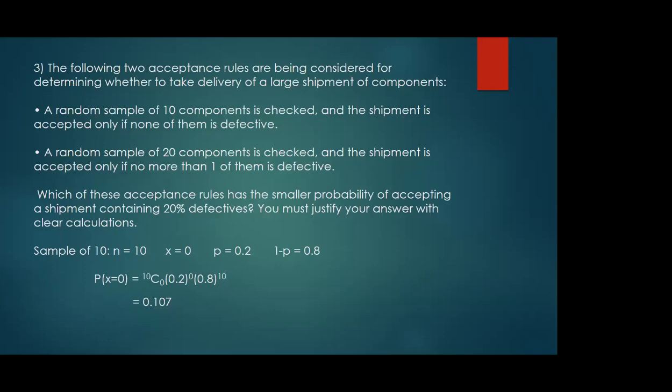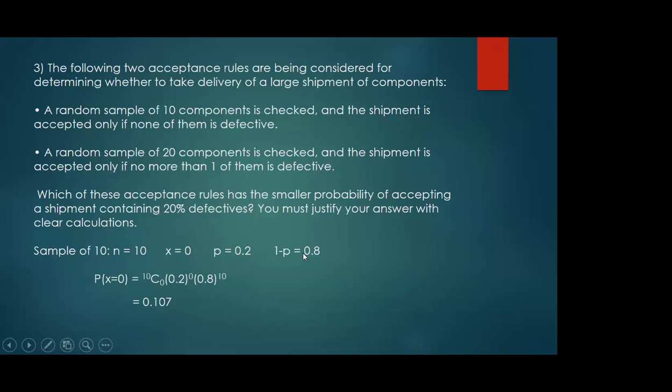So the first one said that we had a sample of 10, so n is going to be 10, and x is going to be equal to 0 because it says that the shipment is accepted only if none of them is defective. Our probability of being defective is going to be 0.2 based on the 20%.